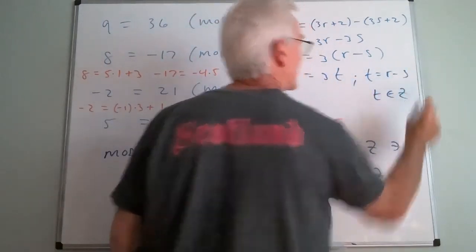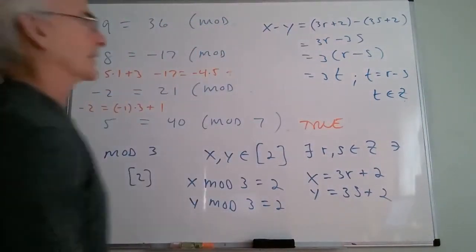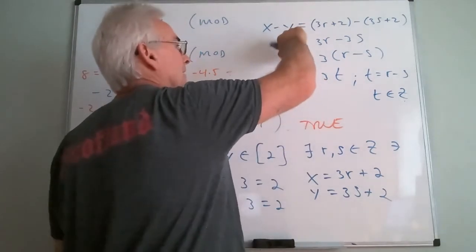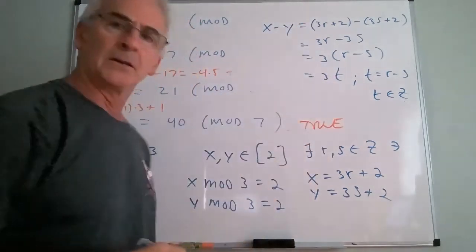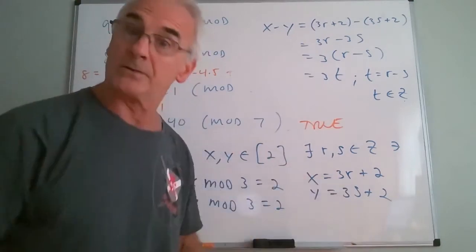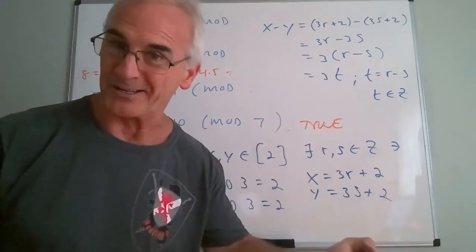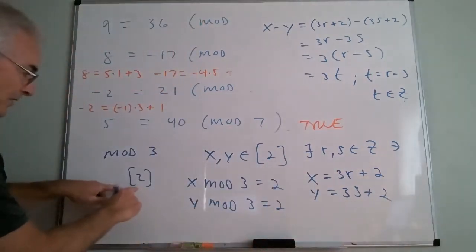T is an integer because integer addition and multiplication is closed. So X minus Y is a multiple of 3. X minus Y divided by 3 has no remainder. X minus Y is a multiple of 3 if X and Y are both in the same class.